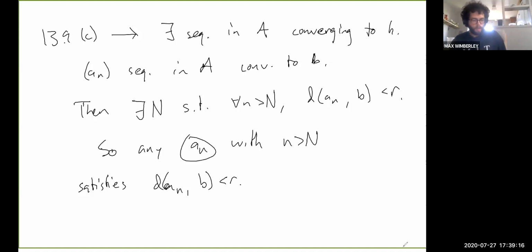Okay, let's see. So the next problem I had planned was, let me see. Actually, one sec. Let me hide my whiteboard for a second so I can see. Oh, I see.